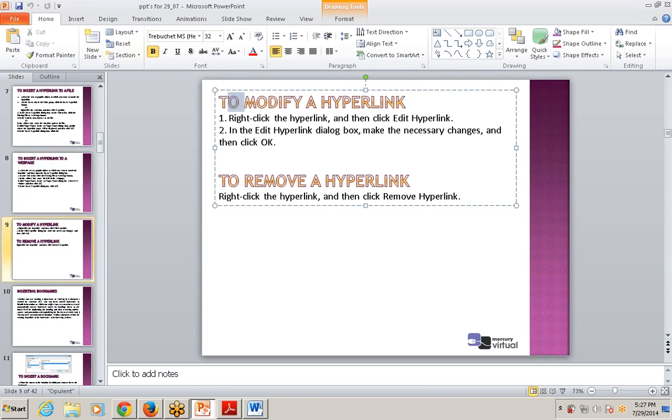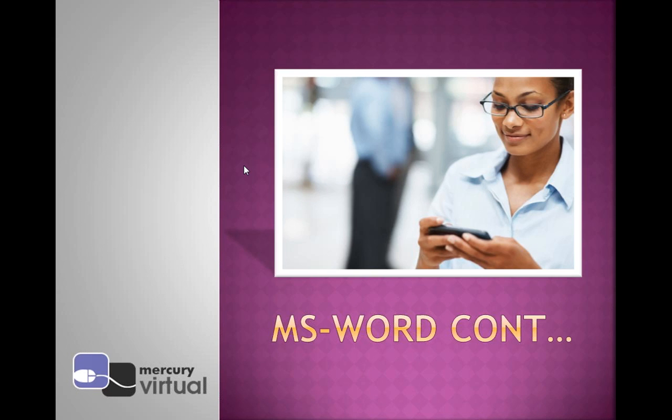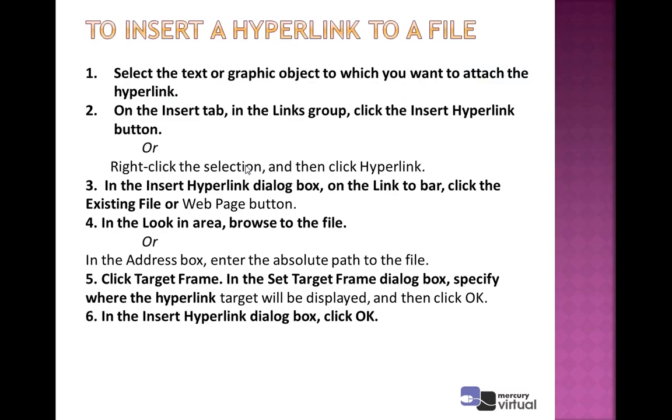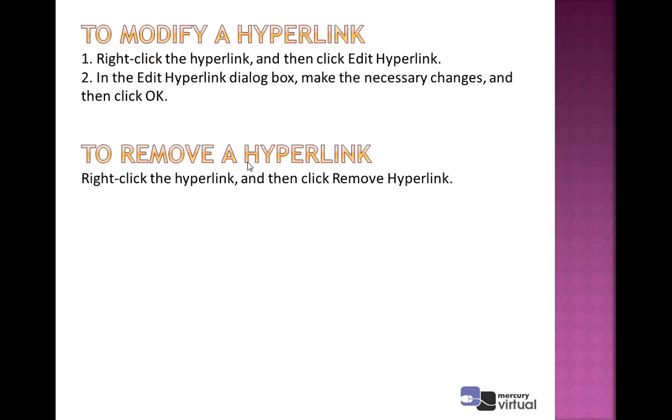Next, how to modify a hyperlink. Simply right click on the hyperlink and then click Edit Hyperlink. Modification means, for example, if I first created a hyperlink connecting the Word document to MS Excel, but now I want my MS Word to be connected to PowerPoint.